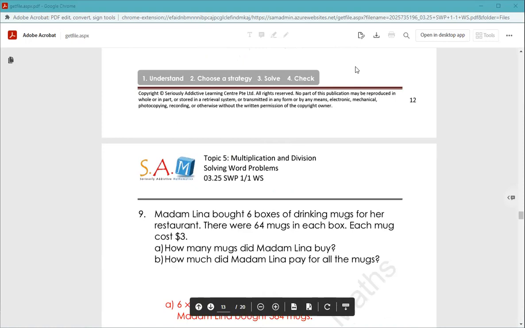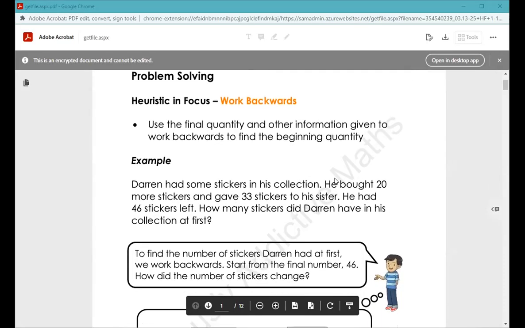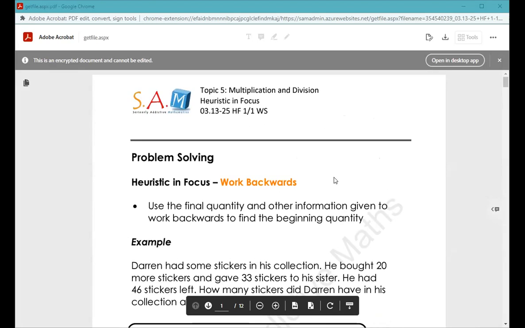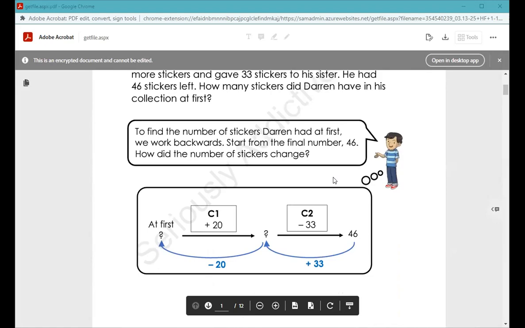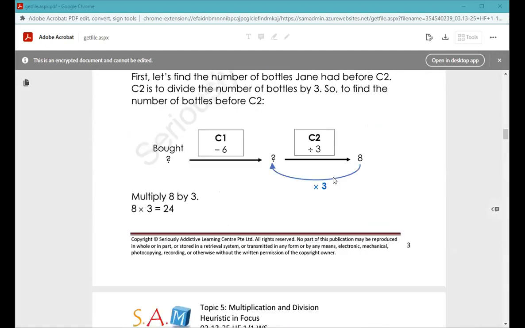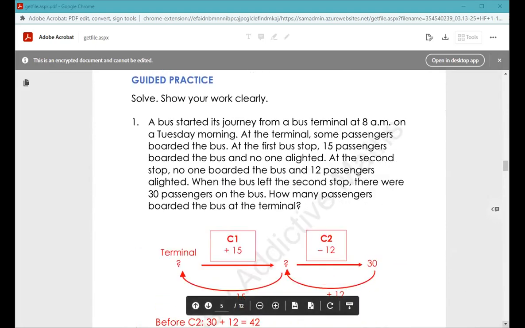Let me move to the second booklet, which will be on heuristics, working backwards. Quite fun to do. Instead of using this as a teach segment, I would suggest you fast forward to the guided practice and demonstrate how to do this.